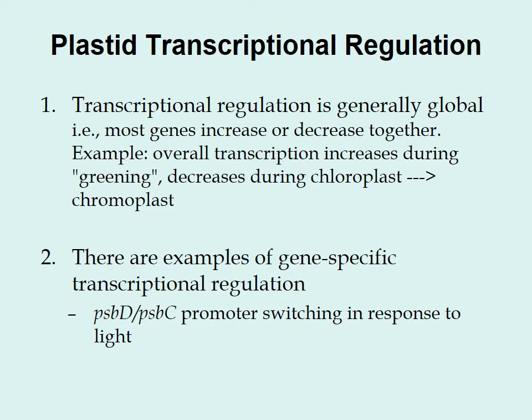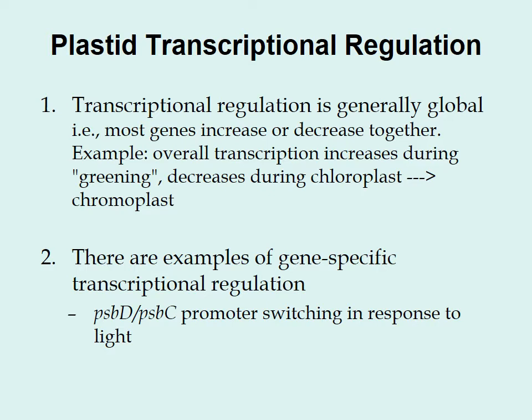To exemplify it, overall expression increases during greening, that means upon exposure to light, and decreases during the conversion of chloroplast to chromoplast or chloroplast to etioplast, as a developmental cue, when the leaves are exposed to darkness.